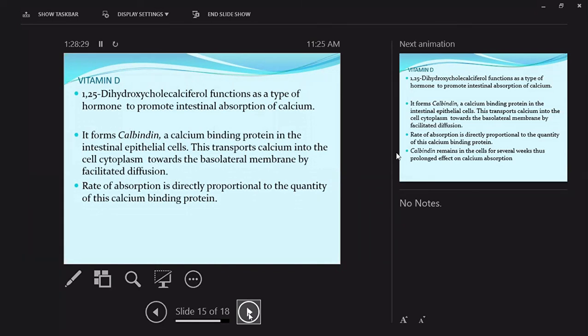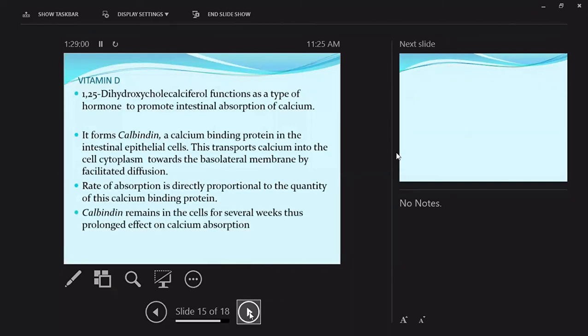It will form first calbindin in the intestinal epithelial cells, and this calbindin transports calcium into the cell cytoplasm towards the basolateral membrane, then towards the capillaries. Calbindin remains in the cells for several weeks, thus a prolonged effect on calcium absorption.